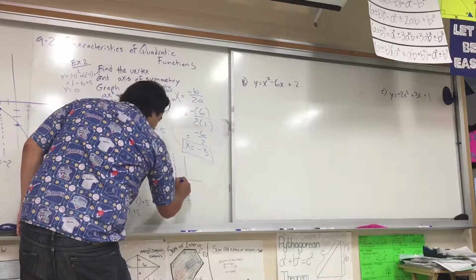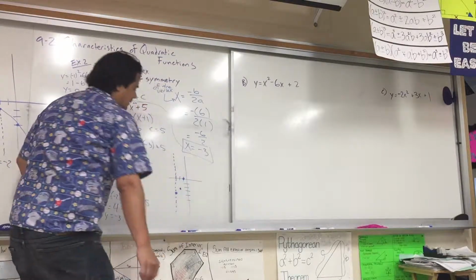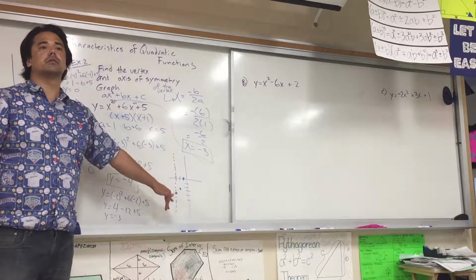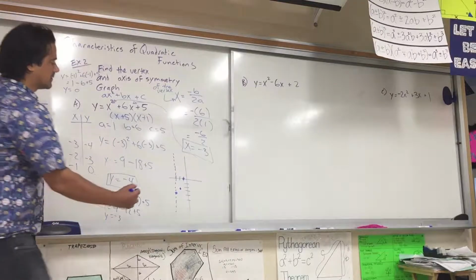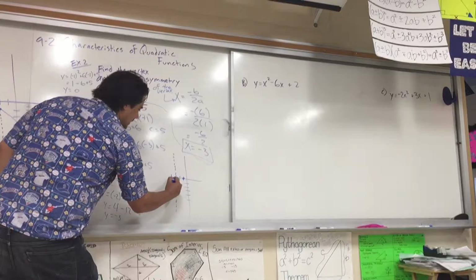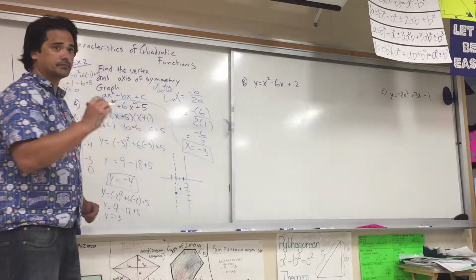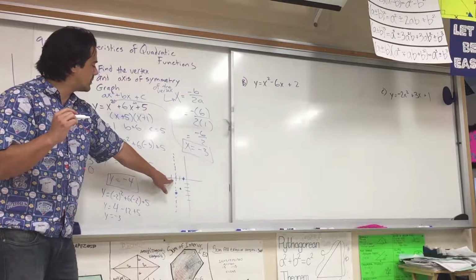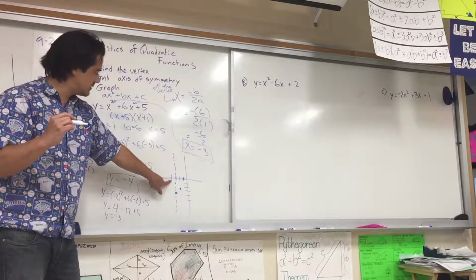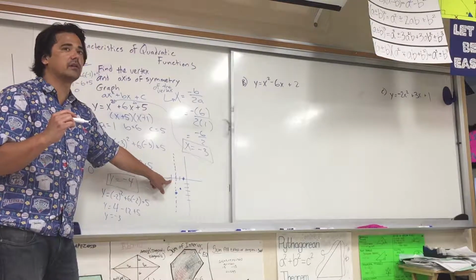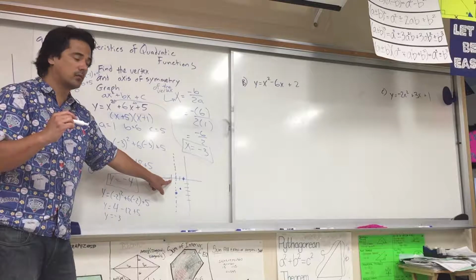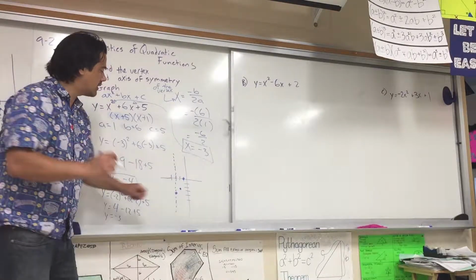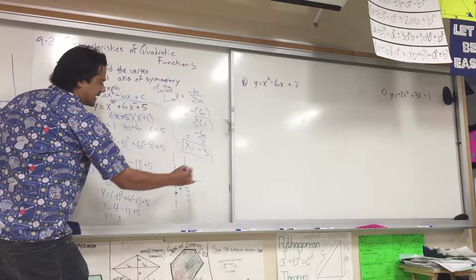Now, there's something special that you're going to like about our axis of symmetry. What do we know? It's symmetrical, right? So, if I go 1 point to the left, how high is my y value going to be? Will it be the same as 1 point to the right?